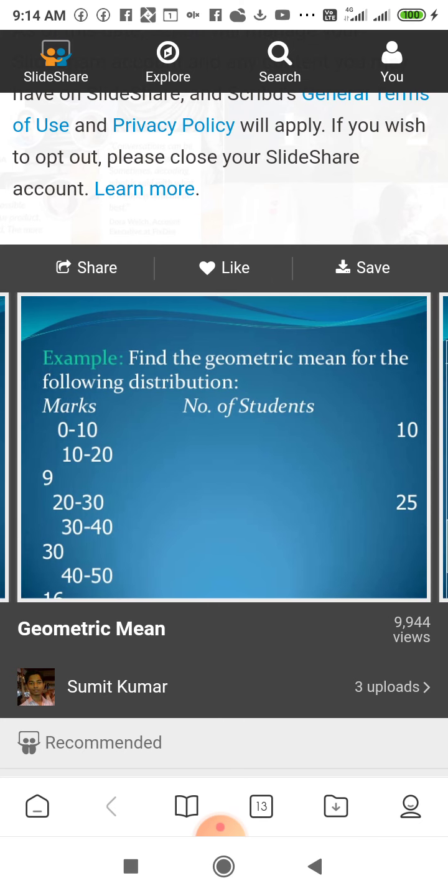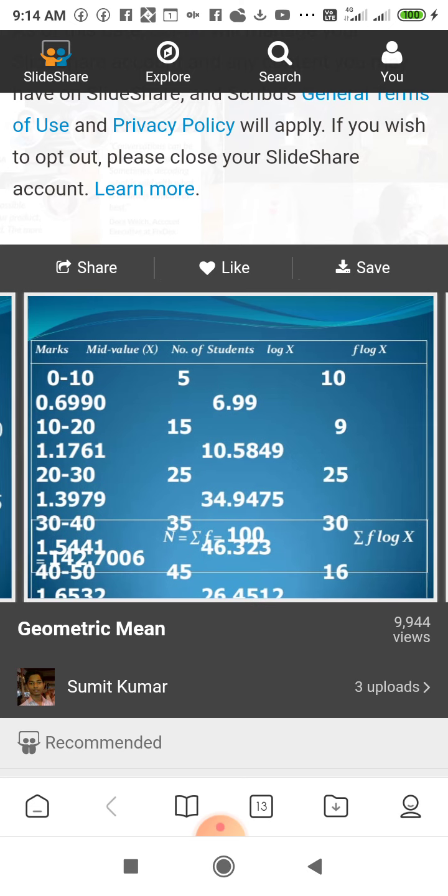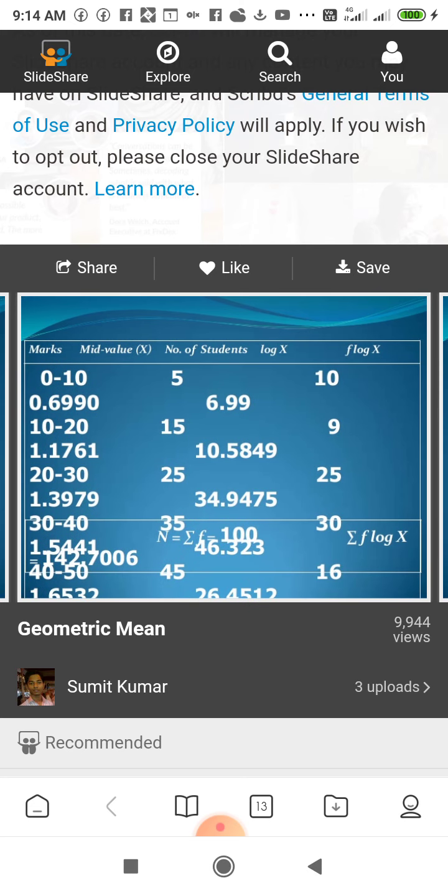So example, to find the geometric mean for the following distribution: marks 0 to 10, 10 to 20, 20 to 30, 30 to 40, 40 to 50, and number of students. So each mark class is divided into two parts to get the mid-values 5, 15, 25, 35, 45, and students are in front of this.